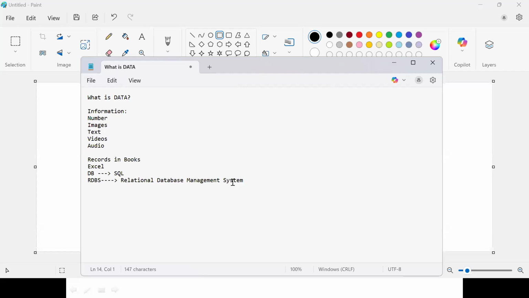There will be an architect who designs this database, and based on that we get to know. Customer means we are going to have customer details like customer name, customer ID, customer address, customer phone number, and along with that, a key column which helps us link with the other table.